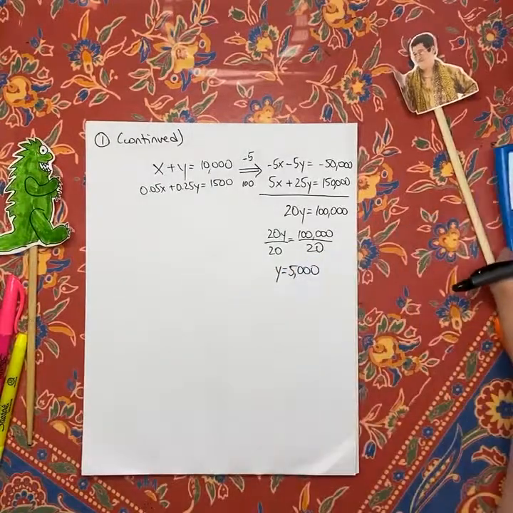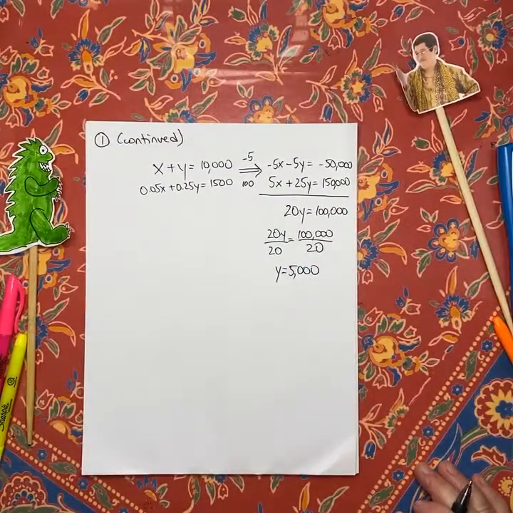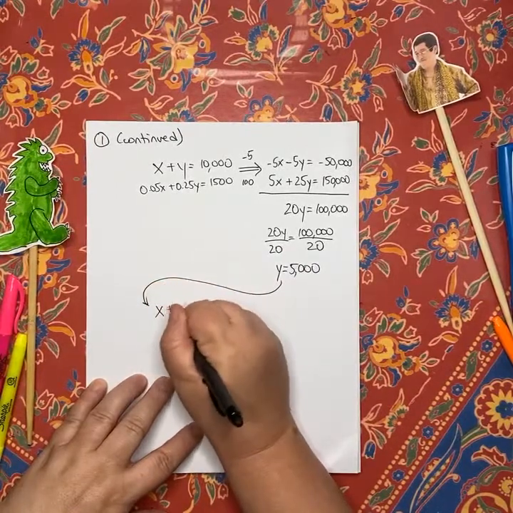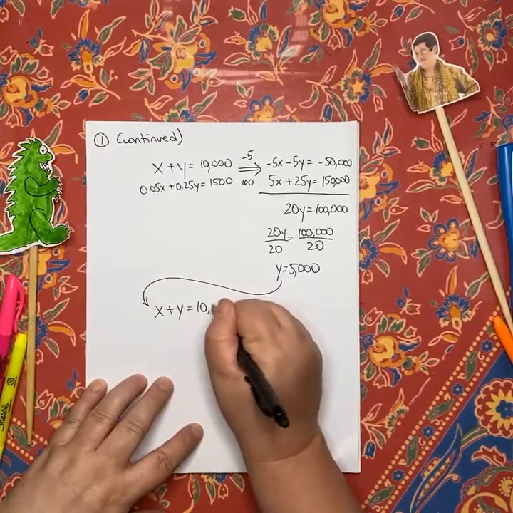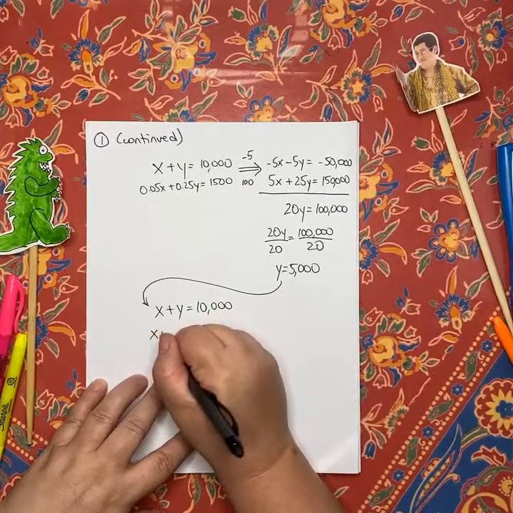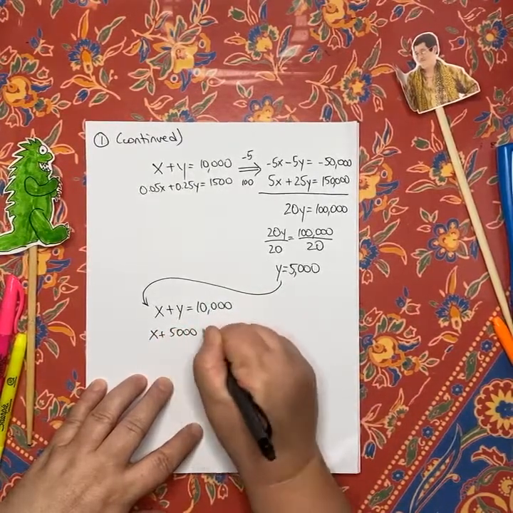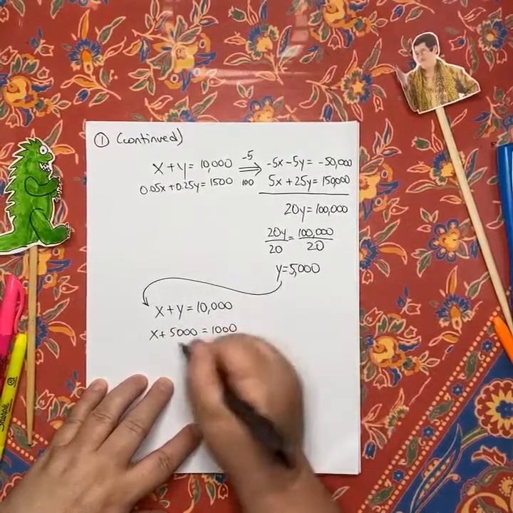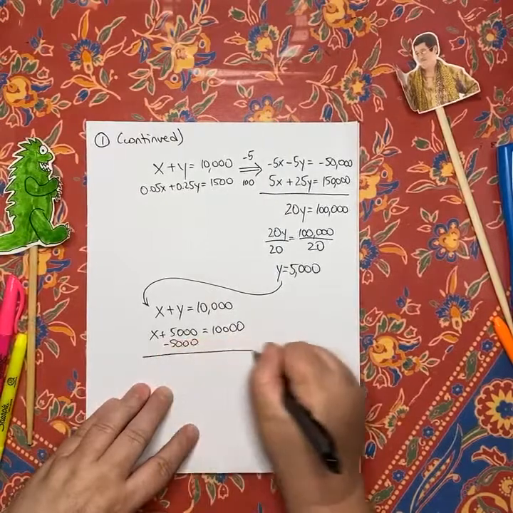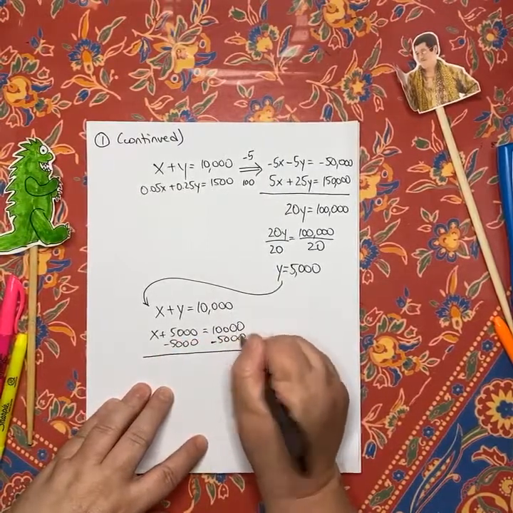Awesome. So do we know what x is? Yep, because x plus y was 10,000, so 5,000 for y. I subtract 5,000 from both sides.